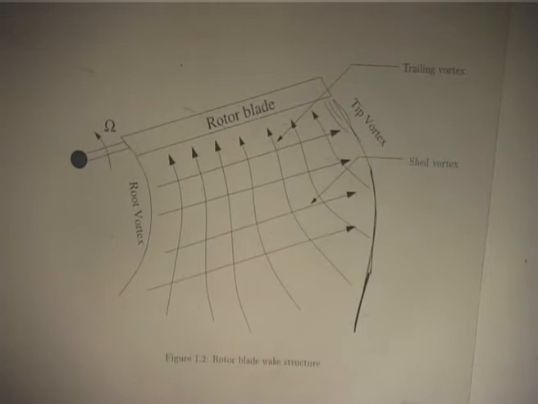If the circulation is constant, then there is no span wise variation of the circulation on the blade. So, you have your horseshoe vortex which you have learnt in your aerodynamics course, that will come out from the tip. Okay.